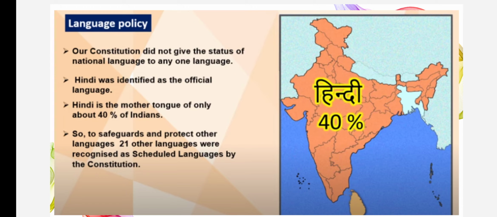I repeat, Hindi was identified as the official language, but not the national language. Hindi is the mother tongue of only about 40% of Indians. So, to safeguard and protect other languages, 21 other languages were recognized as scheduled languages by the Constitution.